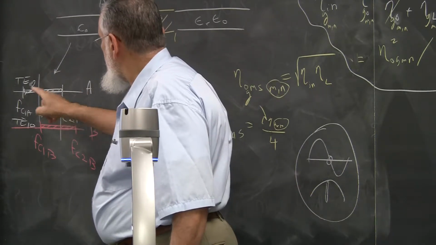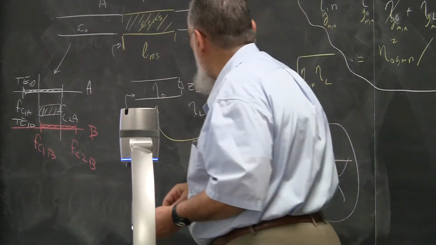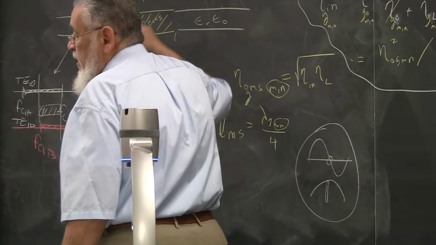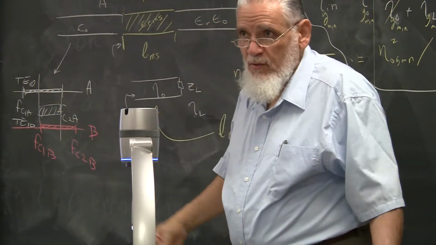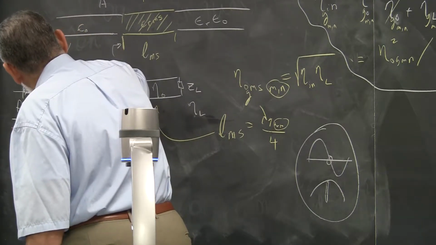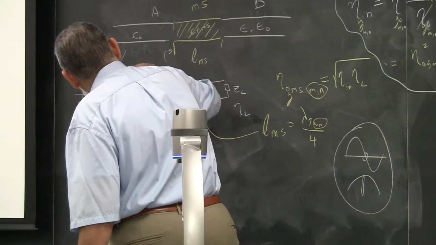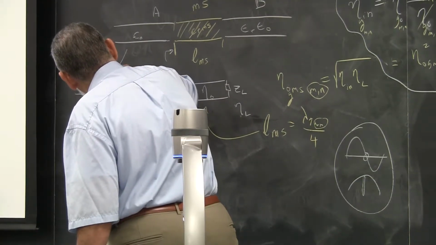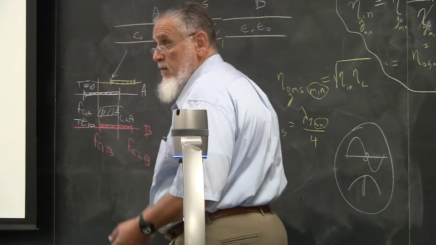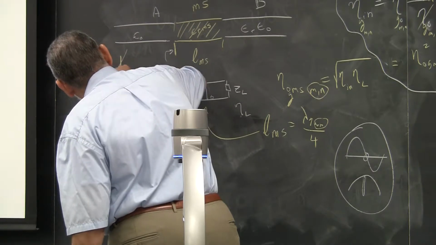Now, add to that, you're going to put a matching section. Assume that you already know epsilon for the matching section, which we don't yet. So that is eventually going to do its own thing. It will have its own cutoff and its own TE10 mode right there. Obviously, we have now limited ourselves to an even smaller range.